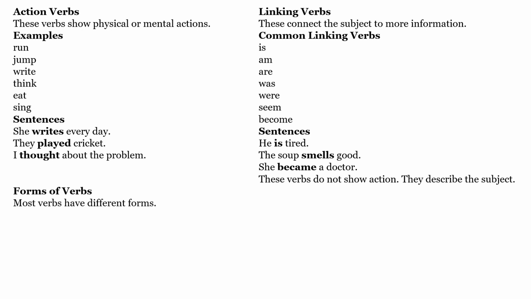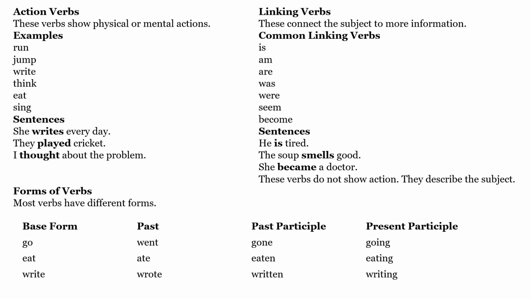Okay, we have three forms of verb. Actually, we have four forms of verb. Like go, first form; went, second form, which is used in past; gone is third form; and going is fourth form.